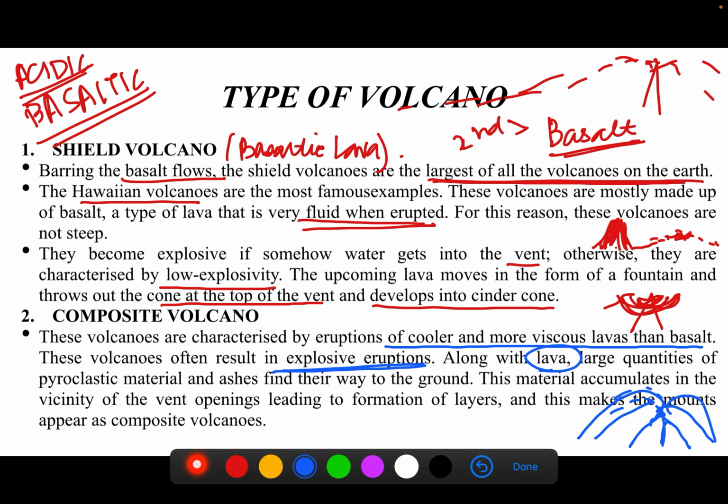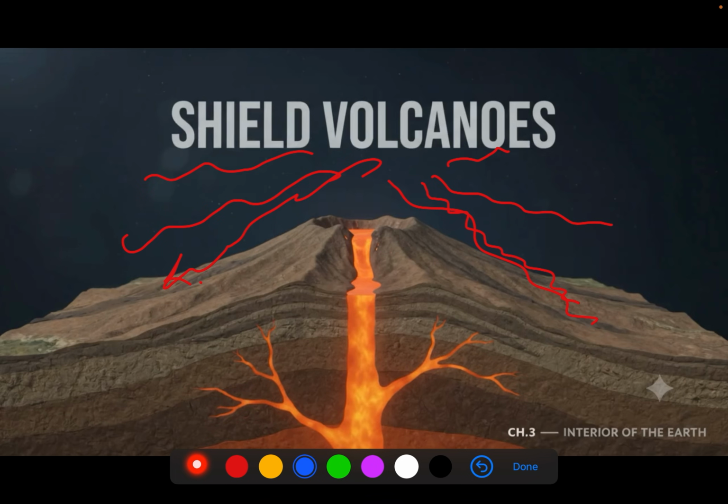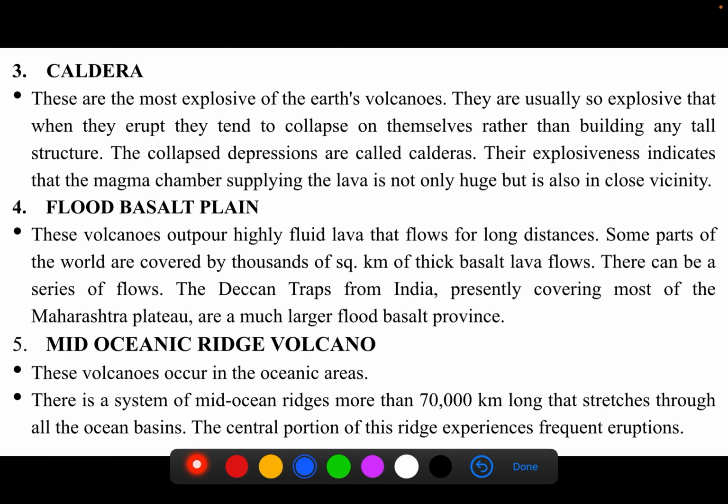This material accumulates in the vicinity of the vent opening, leading to the formation of a cone, and this makes the mount appear as a composite volcano, with various layers of lava solidification present. We have understood these two types of volcanoes. Number one, shield. Number two, composite. Let's see further what the types of volcanoes are.